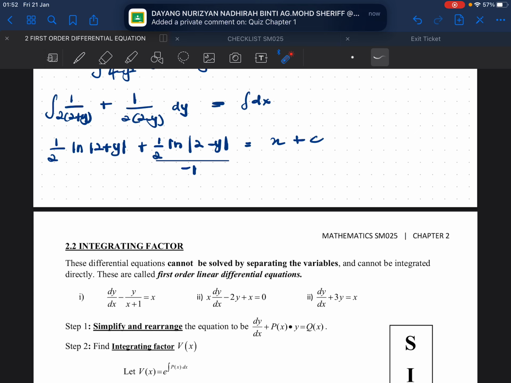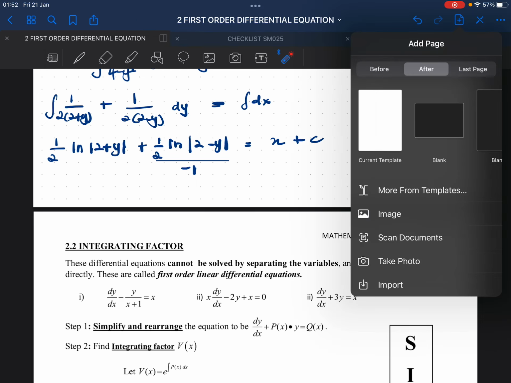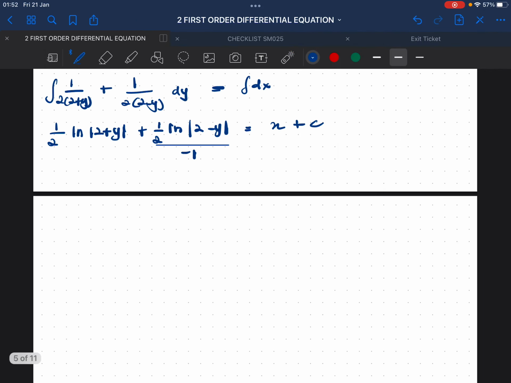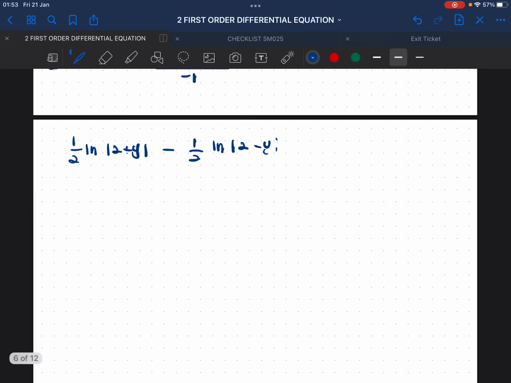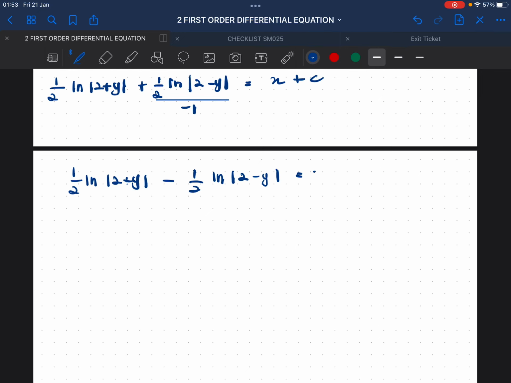So the answer here, kita akan dapat 1 over 2 ln 2 plus y minus 1 over 2 ln 2 minus y equals to x plus c. Okay, so that is your general solution.